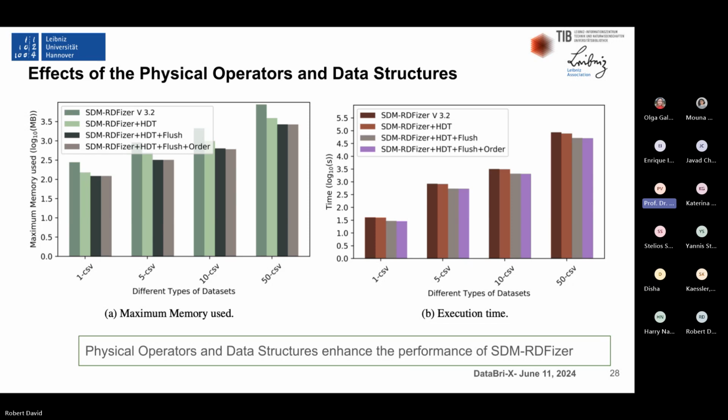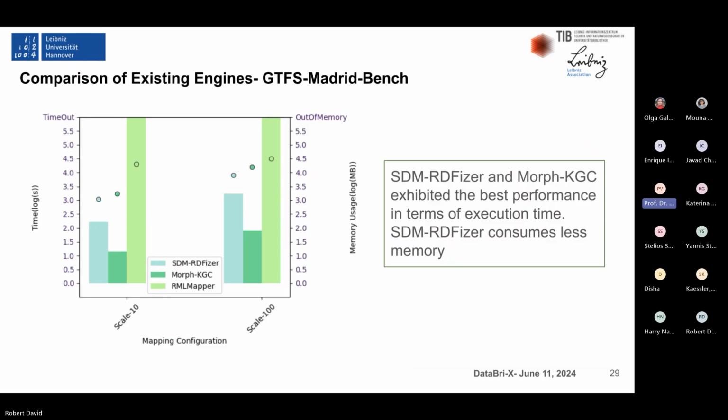Go next. But it's not only that. When we compare with respect to the state of the art, that are SDM-Genomic, MorphKGC, and RMLMapper, the SDM-Genomic is, in this case, in terms of execution time, competitive with MorphKGC.